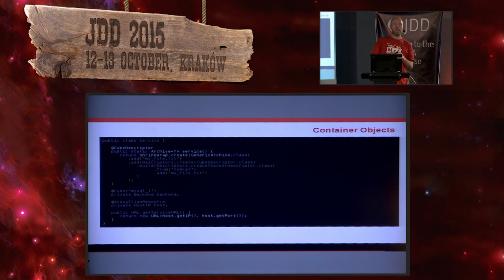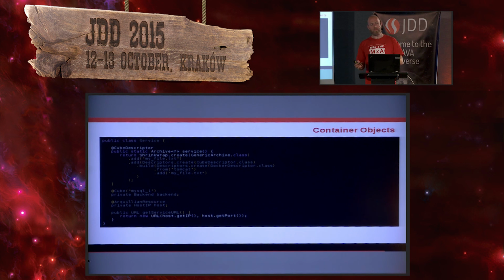If people are familiar with the Selenium page objects, kind of encapsulating the logic of a web page into an object structure, Cube is coming with something similar called container objects, which essentially allows you to define the container and its dependencies, and how to configure it, and what kind of files to add, and all the Cube descriptors, or the Docker Compose and the Docker files, and mash them together with their dependencies, and then inject back things like the host IP, and you can build around that to have a reusable container object.